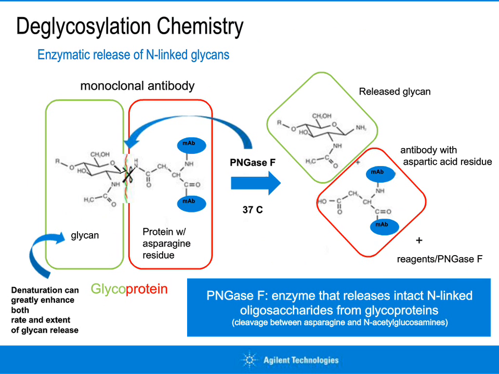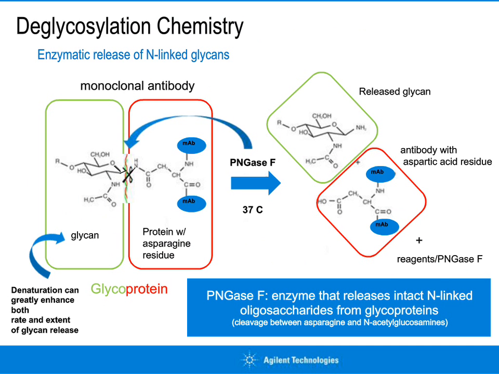However, it is important to point out that there are physical factors that can inhibit the completion of this process, and that denaturation and elevated temperature can greatly increase the rate of deglycosylation. Heating to 37 degrees C and using denaturants such as SDS and DTT are recommended for complete deglycosylation.